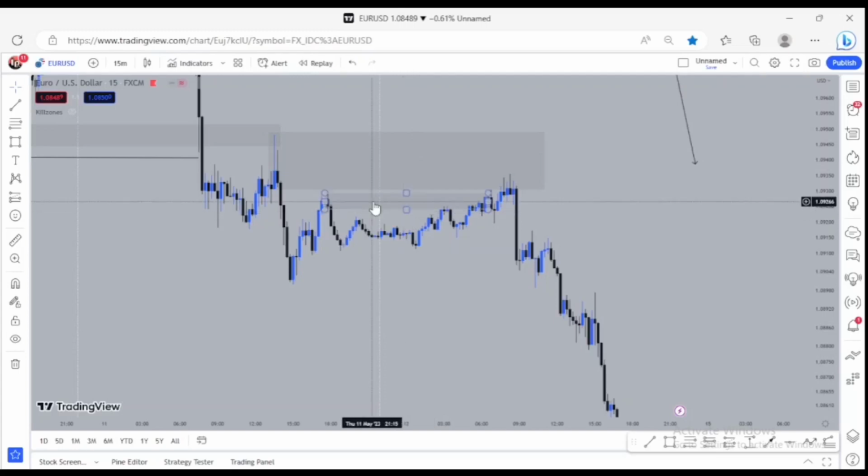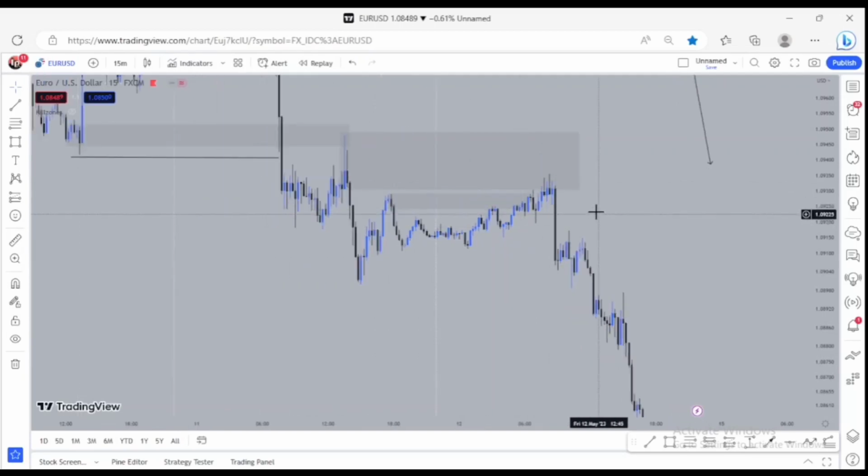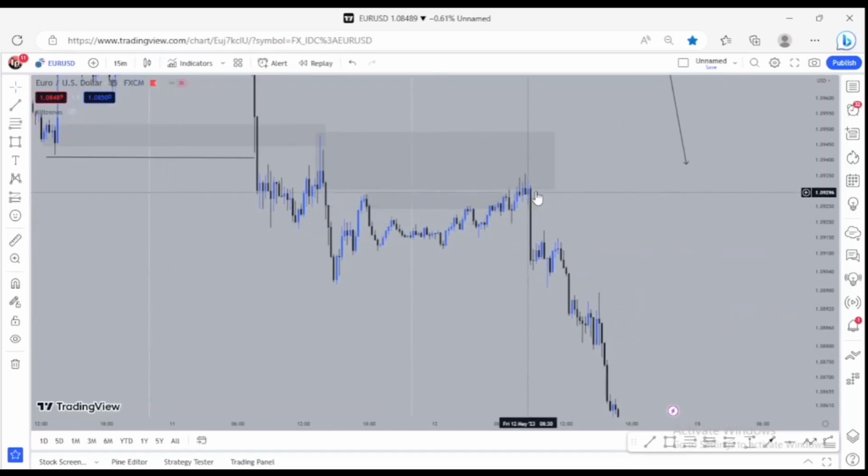Once we come to the 15 minutes time frame, you'll see that the zone is still fresh. You understand? It has not been tested, even though this is the 15 minutes time frame. After this inducement, how do I capitalize on this move?